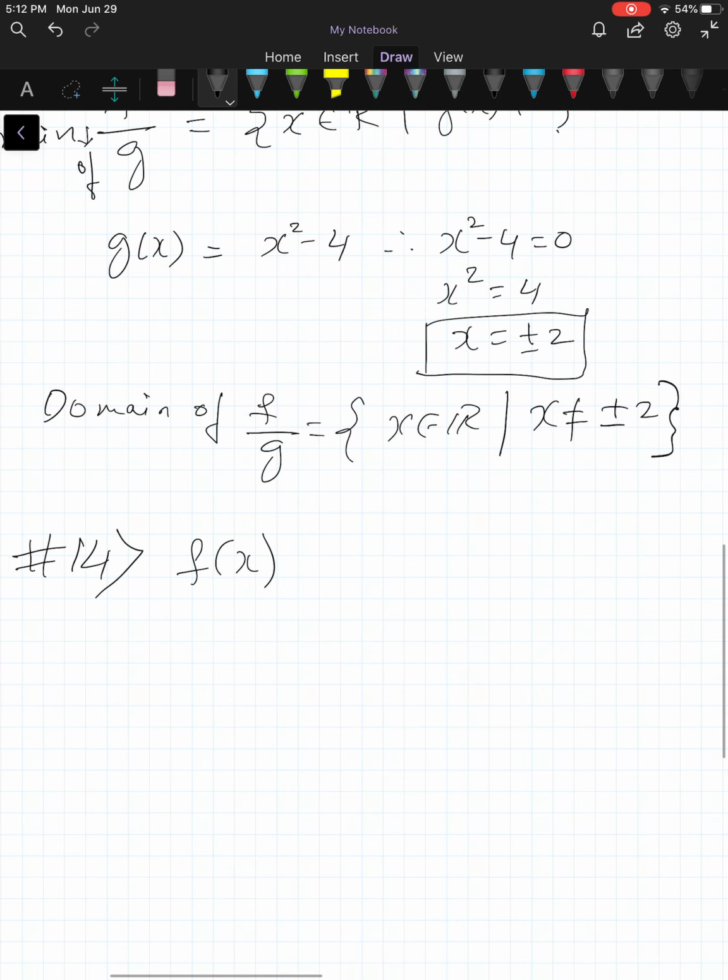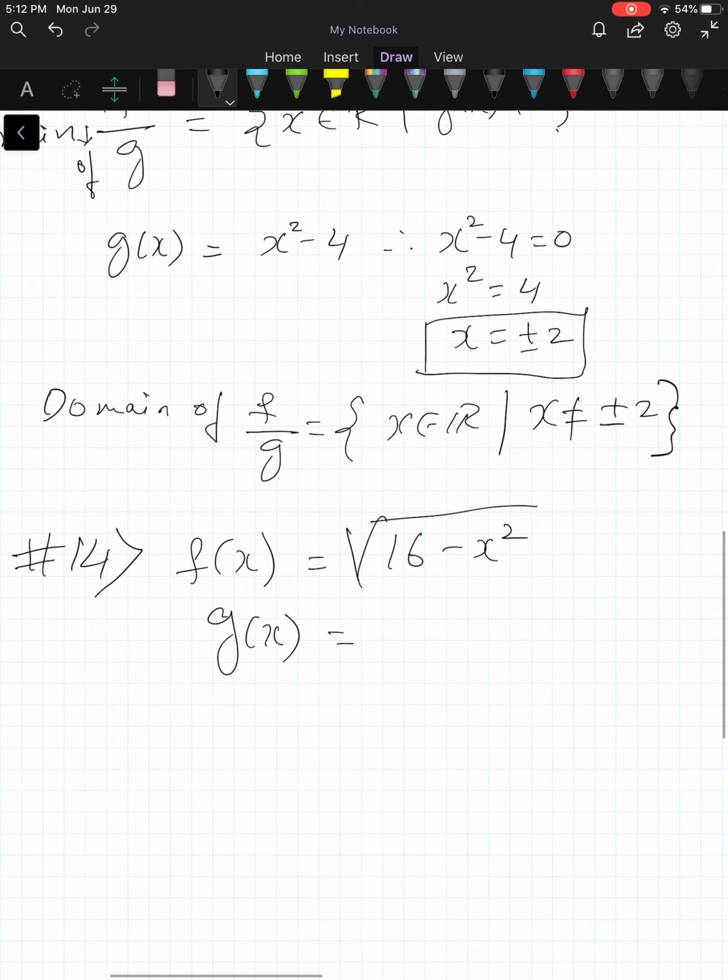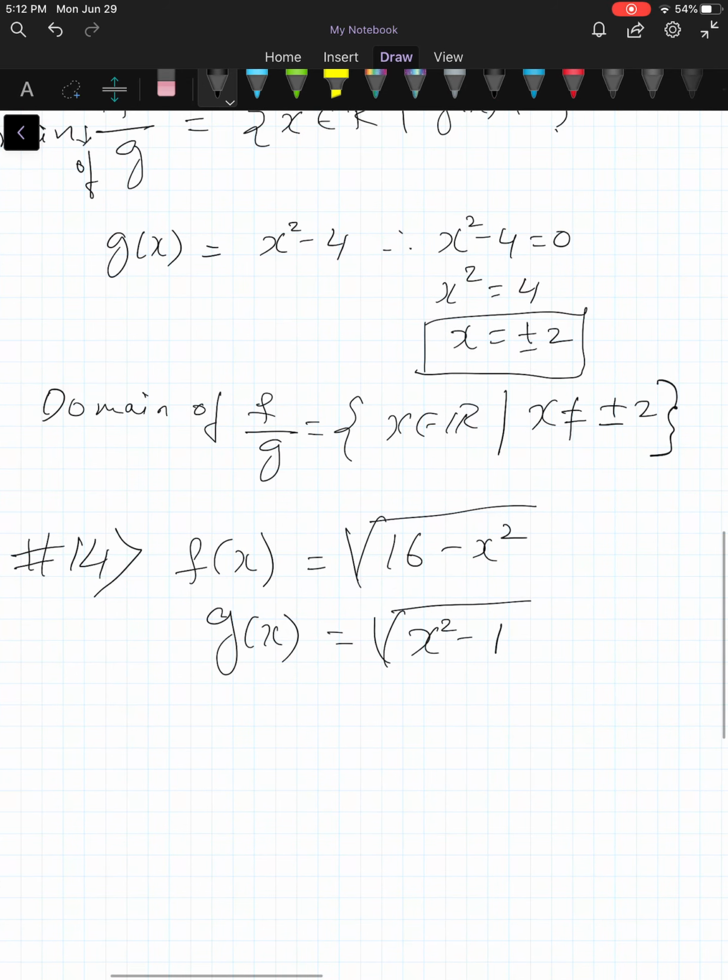Consider f of x equal to square root of 16 minus x square and g of x equal to square root of x square minus 1. We have to perform all the operations, that is add them, subtract them, multiply them and divide them. Also find the domains of each of the combined functions.